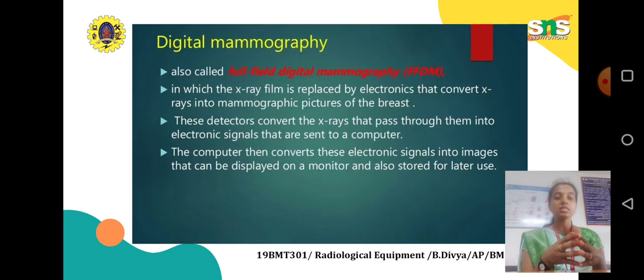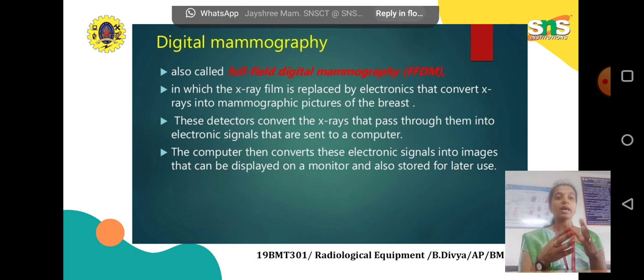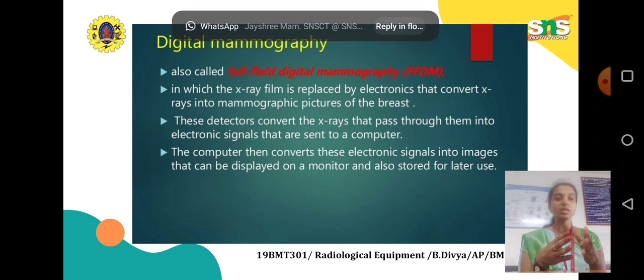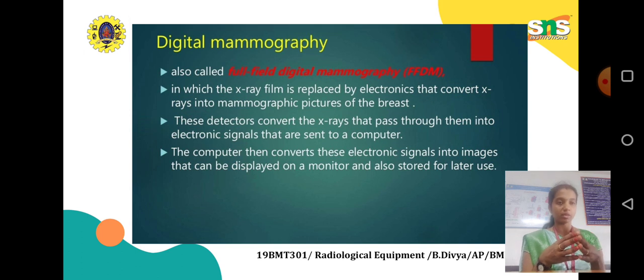Next, digital mammogram. What is a digital mammogram? This is also called full field digital mammography, in which the X-ray film is replaced by electronics that convert X-rays into mammographic pictures of the breast.